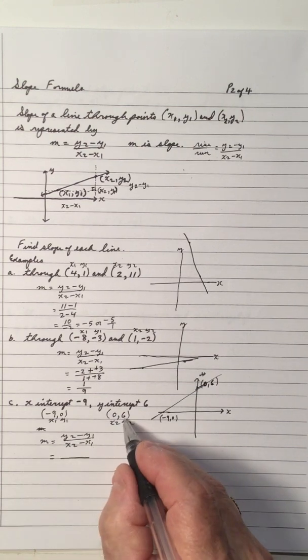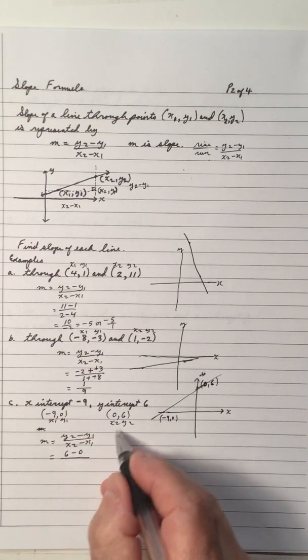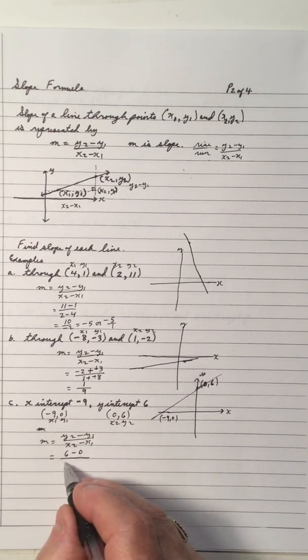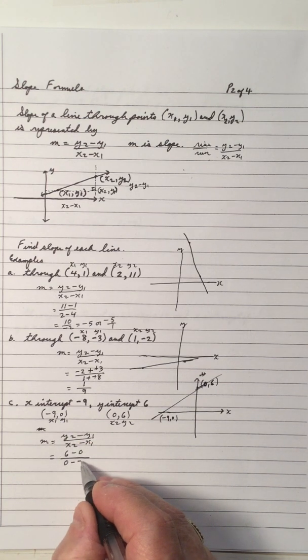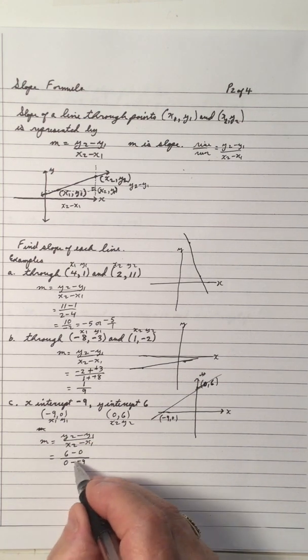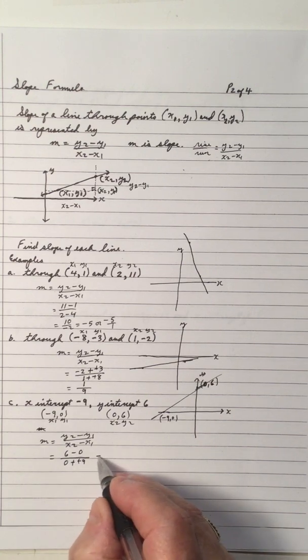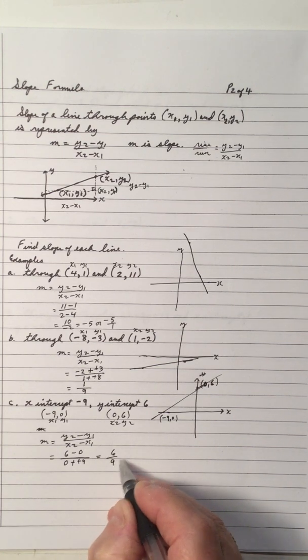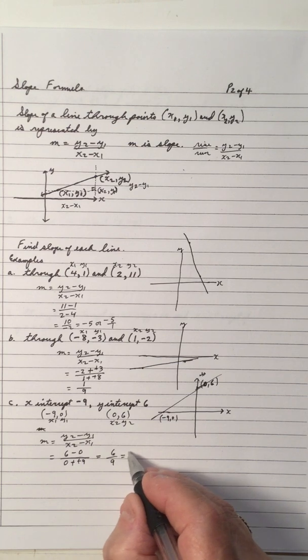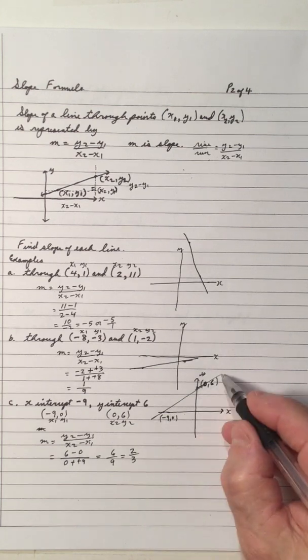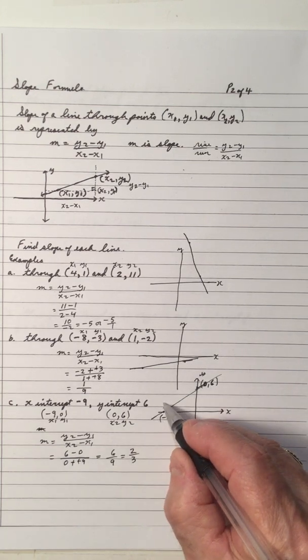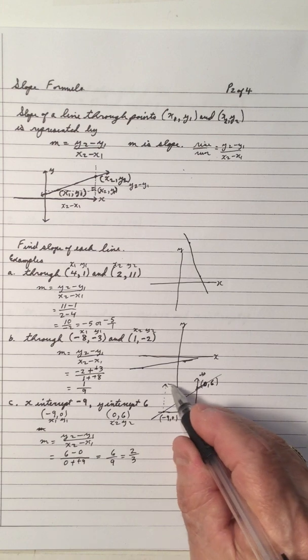And y2 is 6, y1 is 0, and x2 is 0, and x1 is -9, we're subtracting, so double negative is a positive, so that gives me 6 over 9, and 6 over 9, 3 into 6 goes 2, 3 into 9 goes 3, so 2/3 is the slope. And again, the slope is positive. Positive is up and to the right.